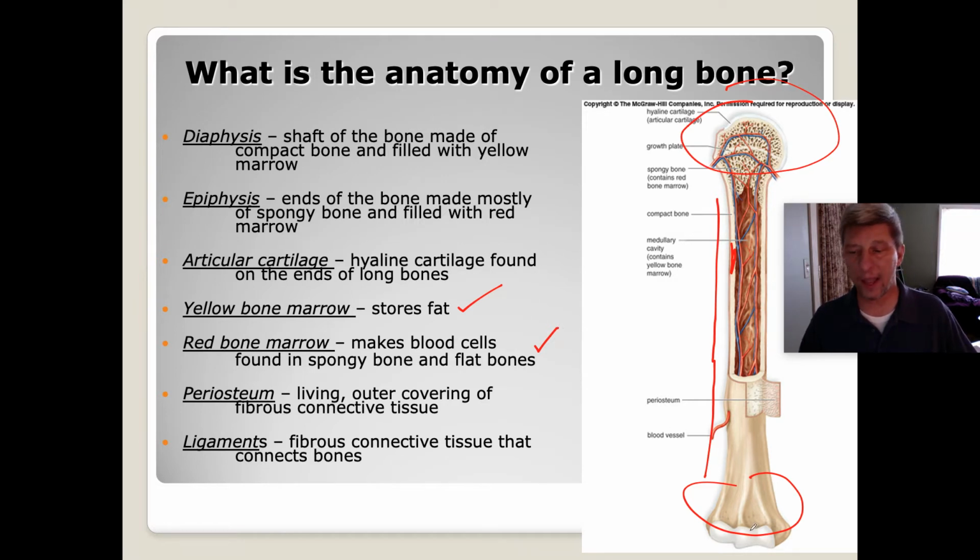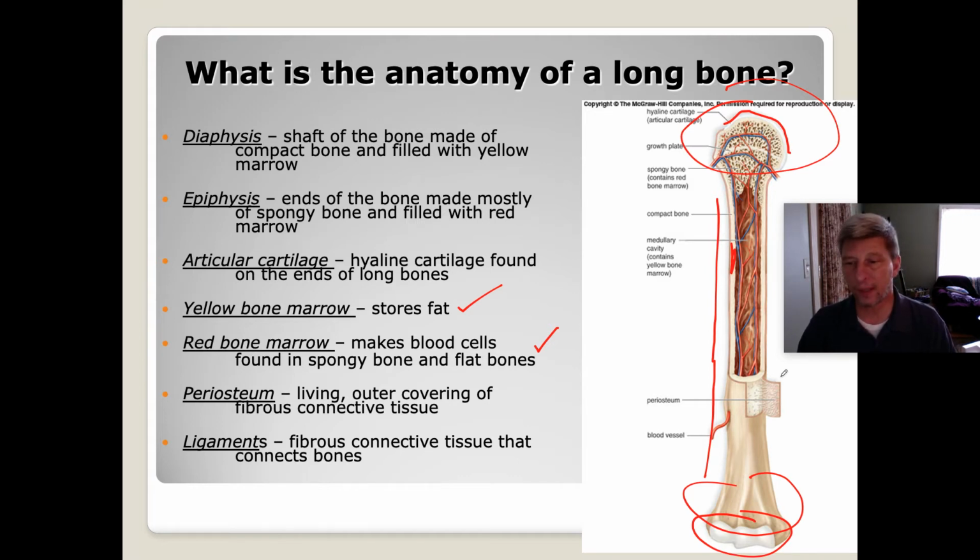At the very end down here, you find articular cartilage. You can kind of see it on the top here. That's the cartilage that exists between 2 long bones, where we have a joint, so that the bones aren't rubbing directly on one another.